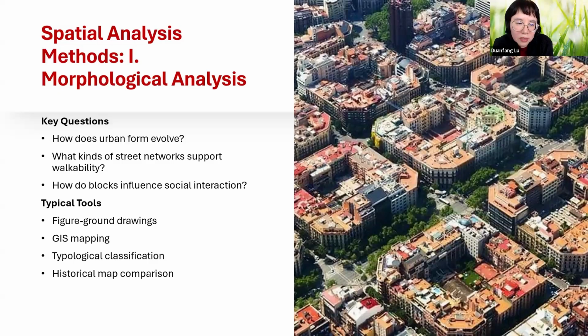So key question here is, how does urban form evolve? What kinds of street networks support walkability? And how do blocks influence social interaction? Basically, if you have denser street networks, that provides better feasibility for walkers.